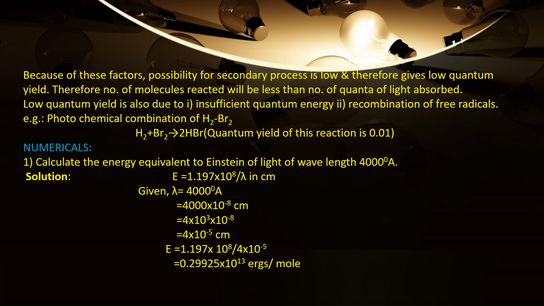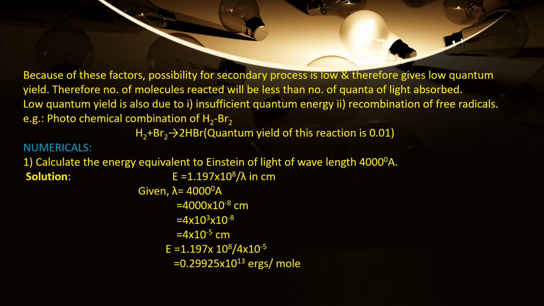There are also some other reasons. Low quantum yield of such reactions is also due to insufficient quantum energy or recombination of free radicals. What is this recombination of free radicals? For example, I have given the reaction H2 plus Br2 gives 2HBr. Primary process, what should happen?